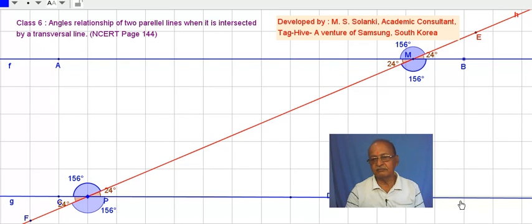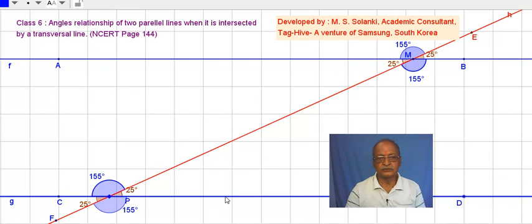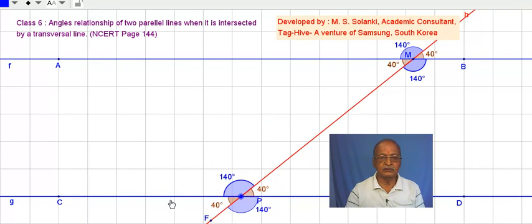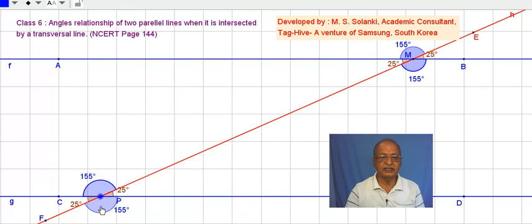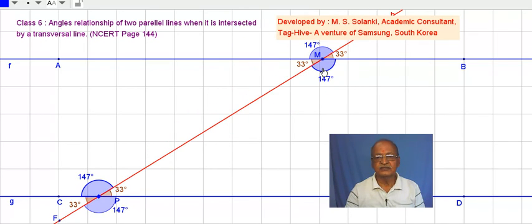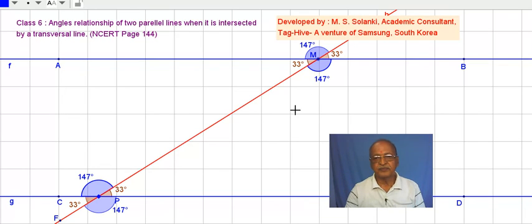This point D we can move at an infinite number of points and get an infinite number of figures, and always the values satisfy the three conditions: that corresponding angles are equal, alternate interior angles are equal, and the sum of the angles on the same side of the transversal line is 180 degrees. So all the three conditions are satisfied.